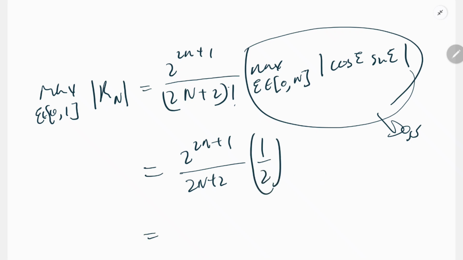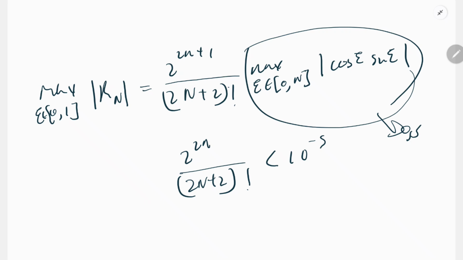If it's easier, I like to change this to negative 1. With the power of negative 1, that just cancels, so we'll have this. I want this thing to be less than 10 to the negative 5. That was the question. This is our error, and I want it to be less than that, so I have to find the right n.